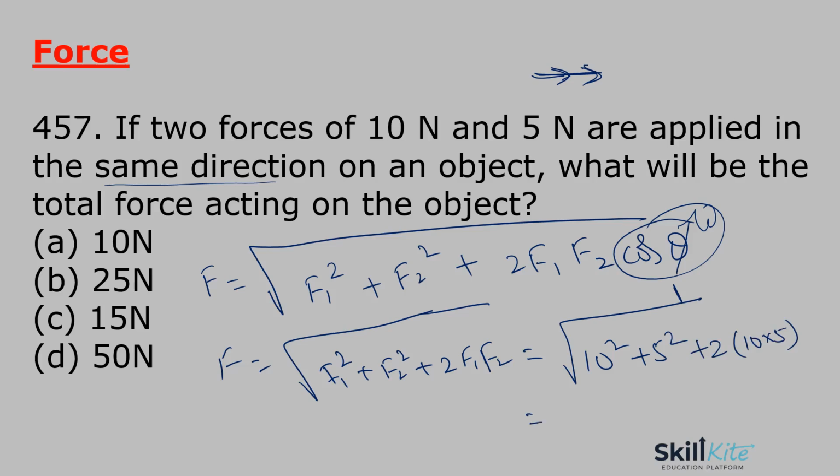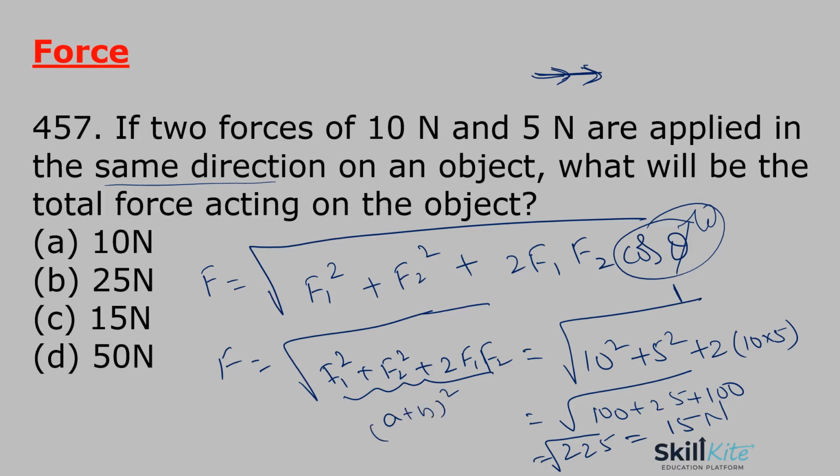That is 100 plus 25 plus 100, that is 225, so that equals 15 Newton. Here, if you observe, this is the a plus b whole square formula. So we can write F equals root of F1 plus F2 whole squared, that equals root of 10 plus 5 whole squared. Root and square cancel, 10 plus 5 is 15.